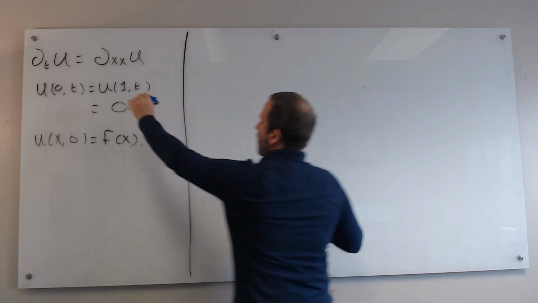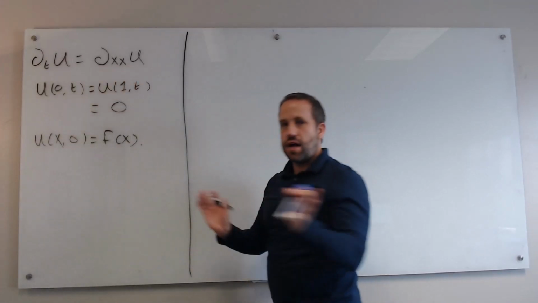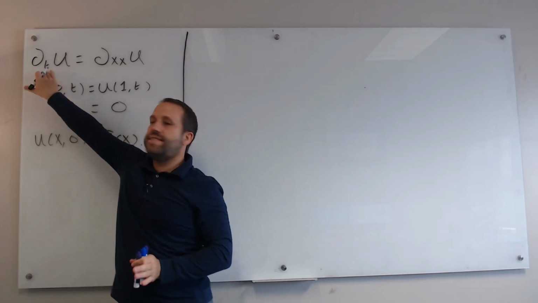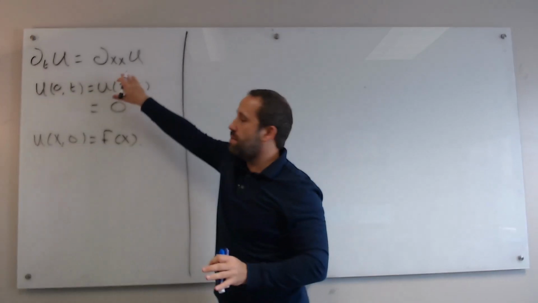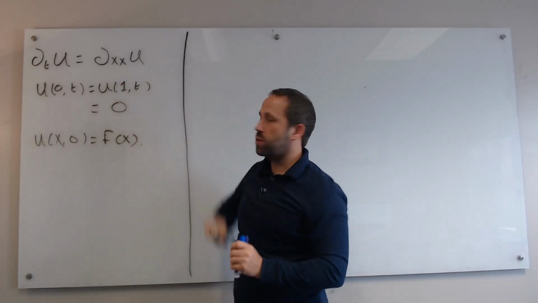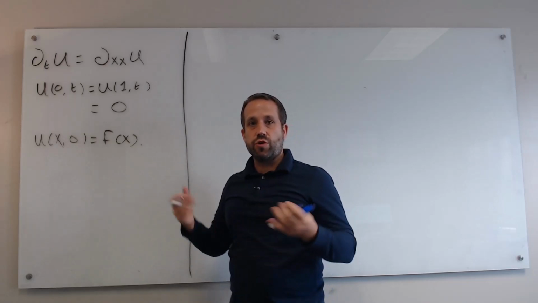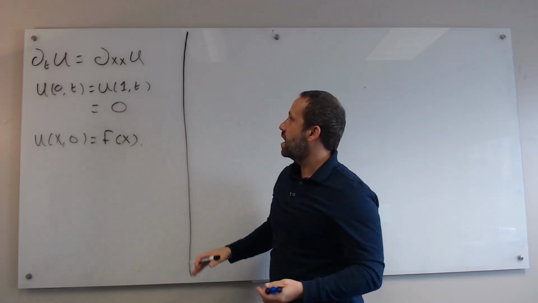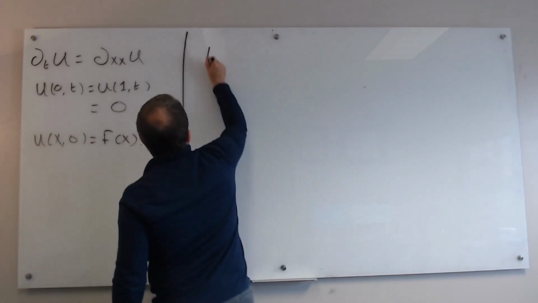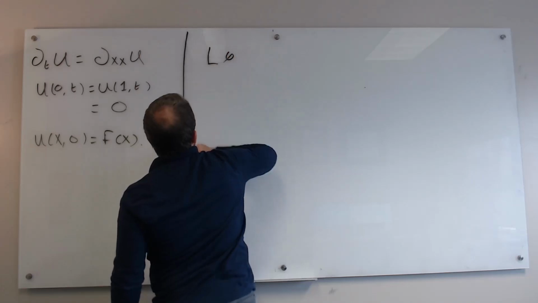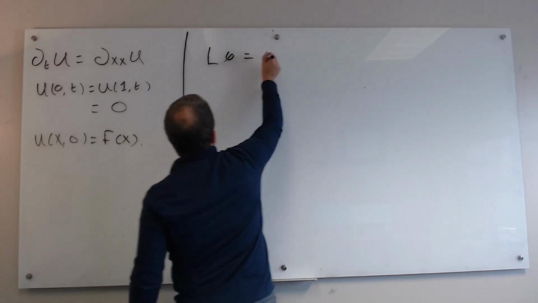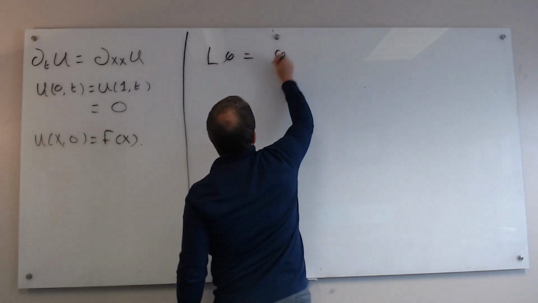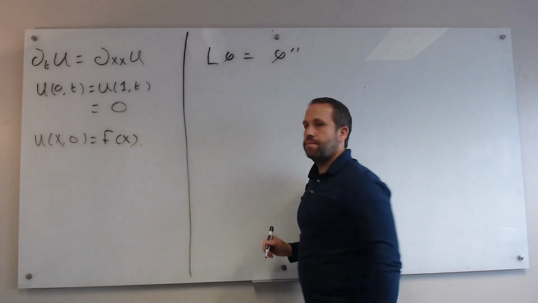So, motivated by the fact that the x operator, so I have an operator in t, a differentiation in t, and then my x stuff, which is what goes along with the boundary conditions, is what's going to give me the eigenvalues and eigenvectors. Motivated by that, I'm going to define an operator that just acts on functions of x. In this case, L phi is going to be equal to phi double prime.